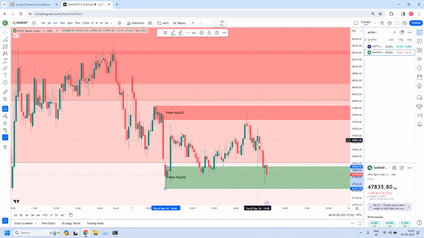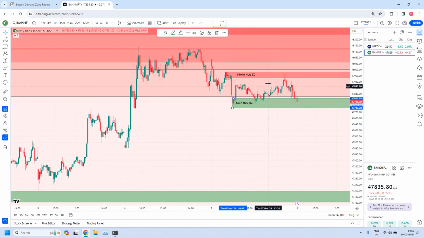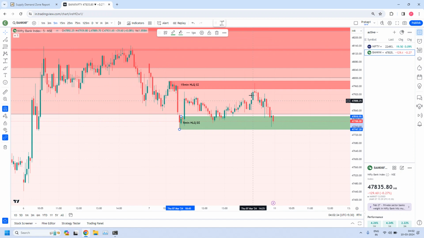This is how the prices moved on last Friday. Last Friday, this was the only range. Because now the fight is happening between two high liquidity zones, one a 5 minutes high liquidity zone and another a 15 minutes high liquidity zone. So one of these zones has to be violated.